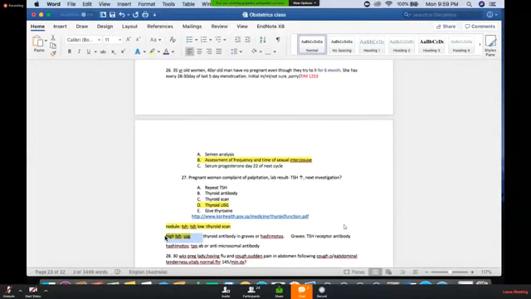To rule out Hashimoto's and Graves, how will you do it? By antibodies. Graves will have the TSH receptor antibody, and Hashimoto's will have thyroid antibodies. The TSH receptor antibody is different from the thyroid antibody.